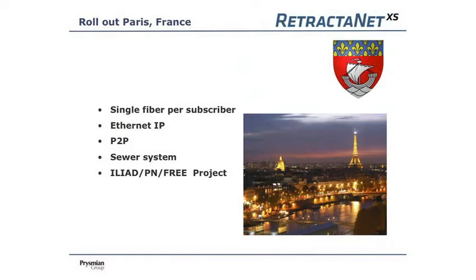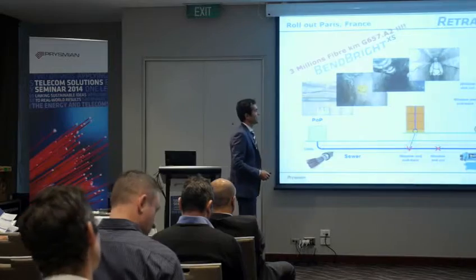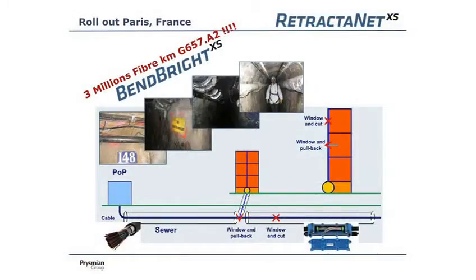The next bunch of slides is to show the reality, the real life of this system. So first of all, we're starting in France, as anticipated before. That was a point-to-point network that they wanted to install in the sewers of Paris. This is definitely the champion of this technology. At the moment, they have installed something like 3 million fiber kilometers, the majority in Paris.